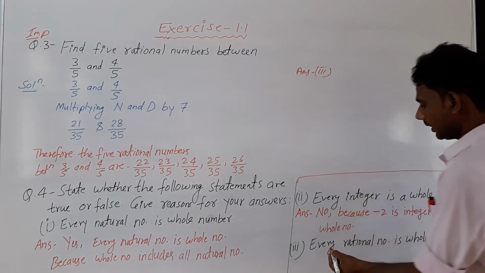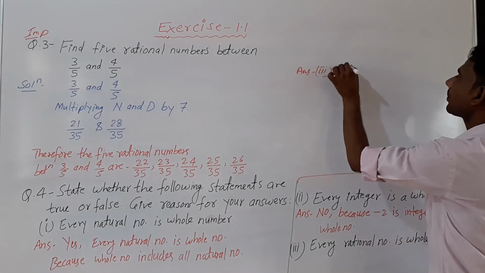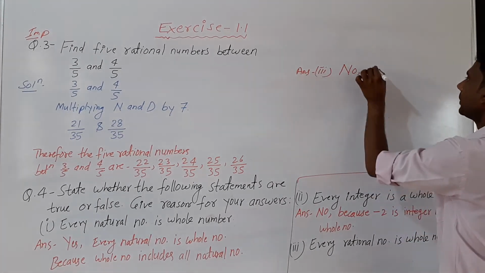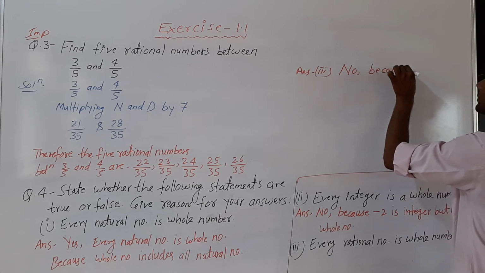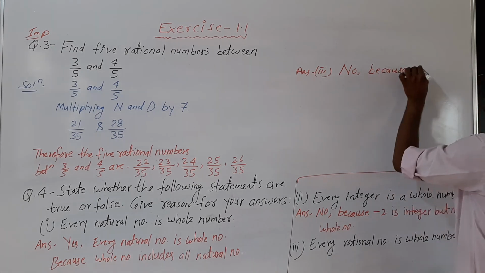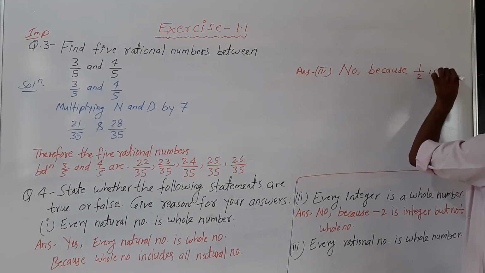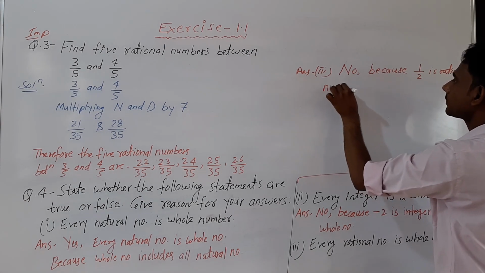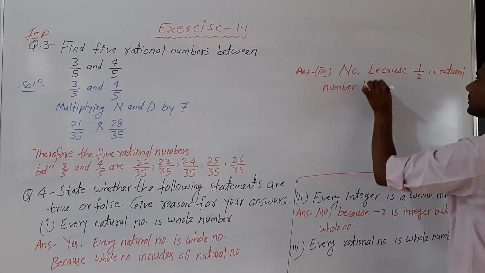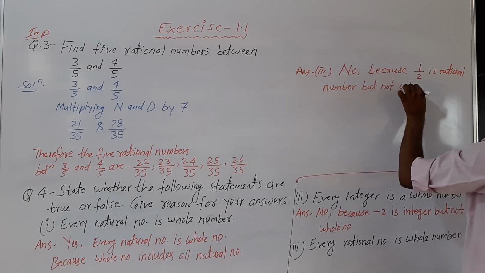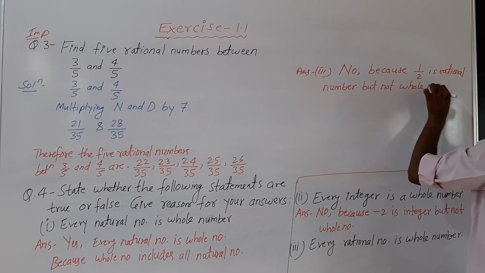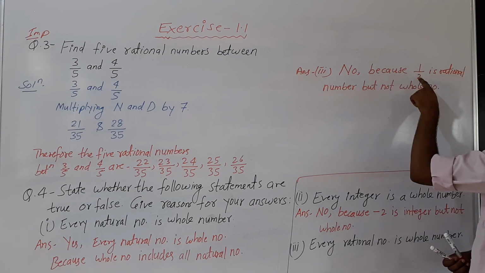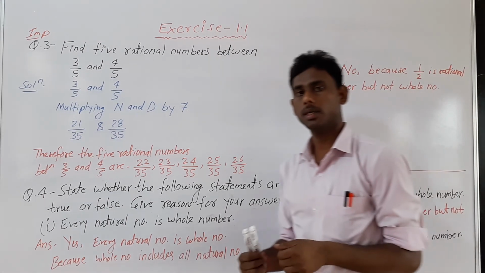Every rational number is not a whole number, because 1/2 is a rational number but not a whole number. Your answer is right: no, because 1/2 is a rational number, but it is not a whole number.